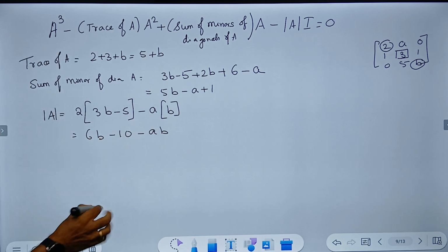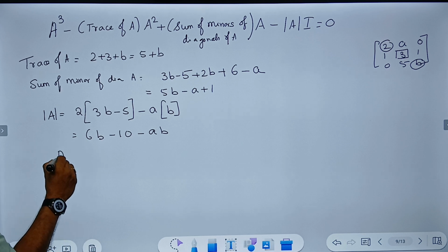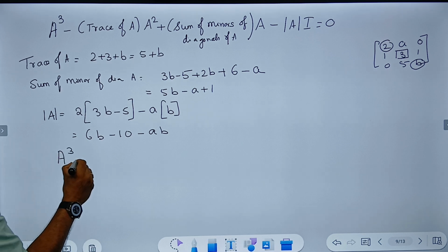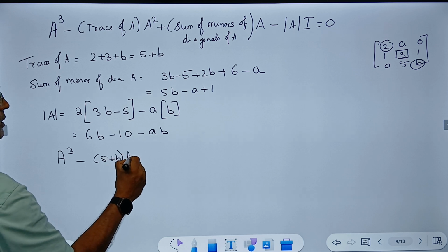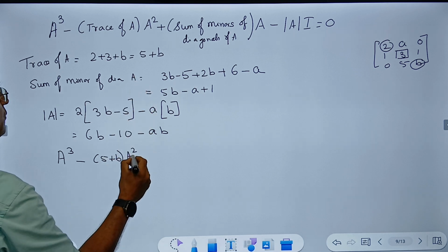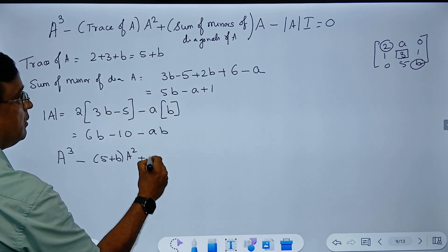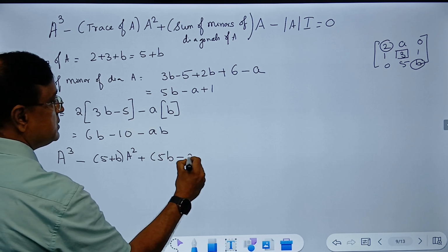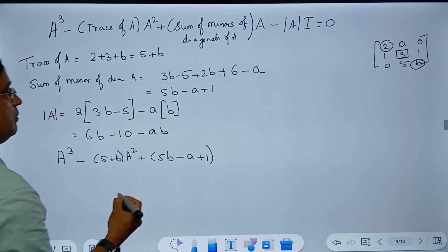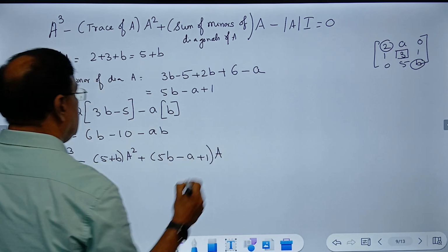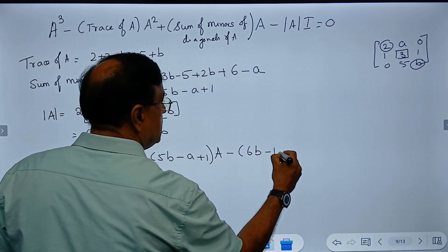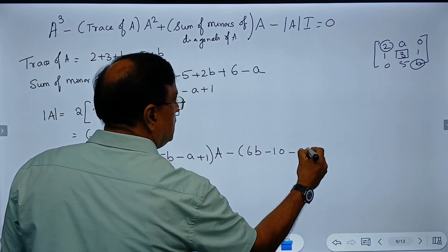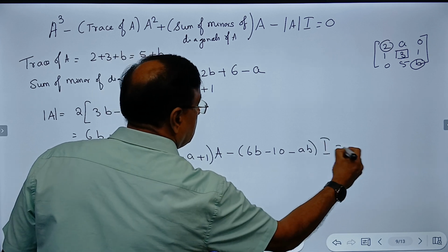I got this. Now put it in that equation. A cube minus, what is trace of A? That is 5 plus b into A square. And what is the sum of the minors? It will be 5b minus a plus 1 into A. Then minus determinant value 6b minus 10 minus ab into I equal to 0.